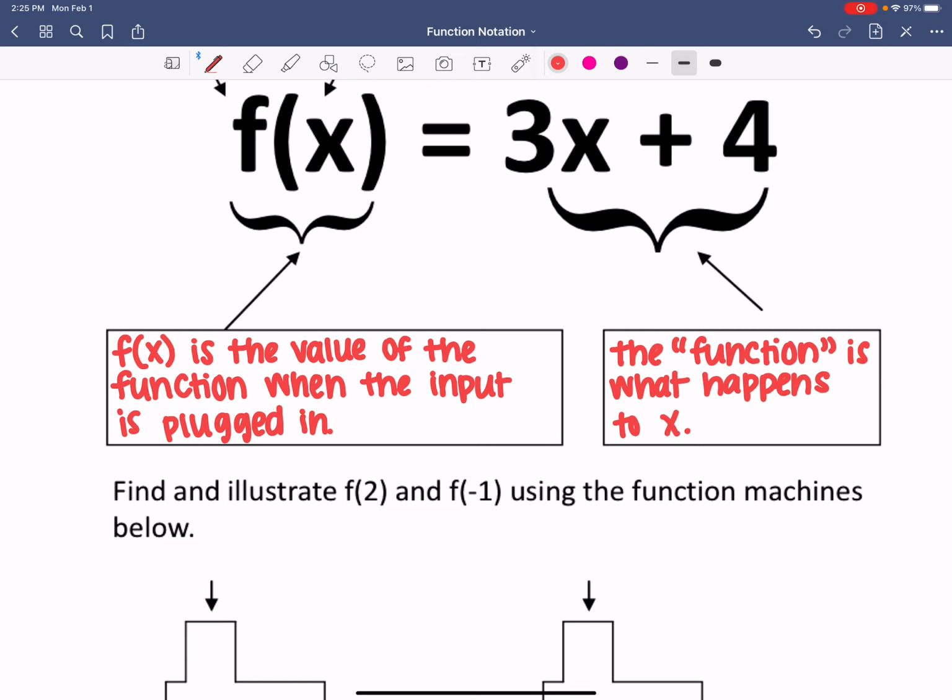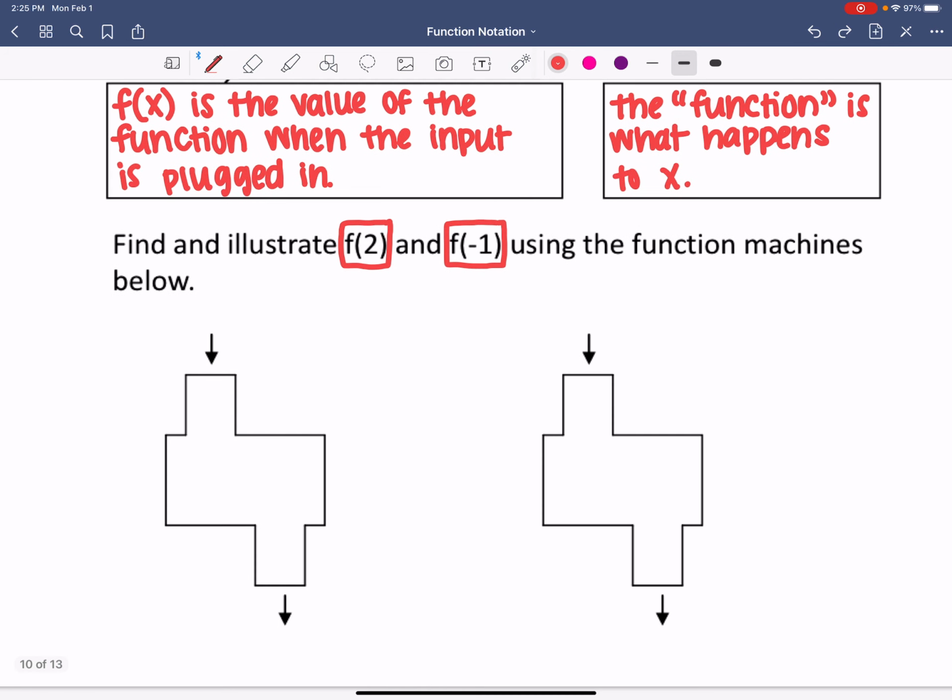Now let's look at a more concrete example. Using this example, f of x equals 3x plus 4, we're going to evaluate f of 2 and f of negative 1. First let's do f of 2. f of 2 means that we're going to plug in 2 into this function.